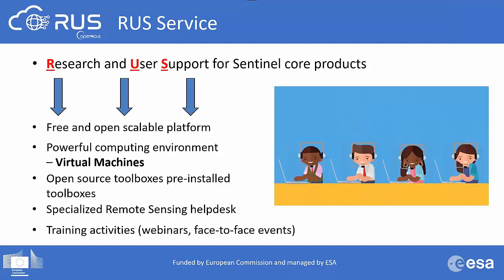So apart from the virtual machines, we also offer a specialized remote sensing help desk. You can ask us all kinds of questions about the use of Sentinel data, for example, which data to choose for which application, and so on. Then we also have a number of training activities, such as this webinar, and also face-to-face events.